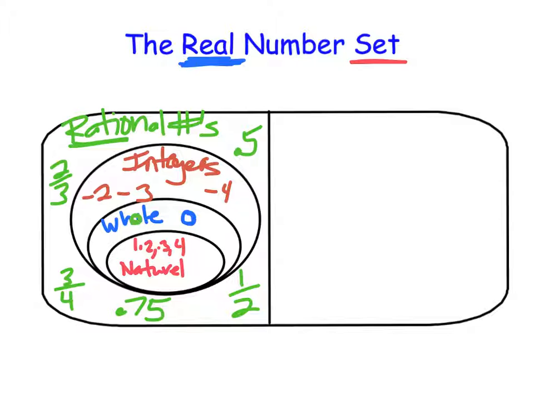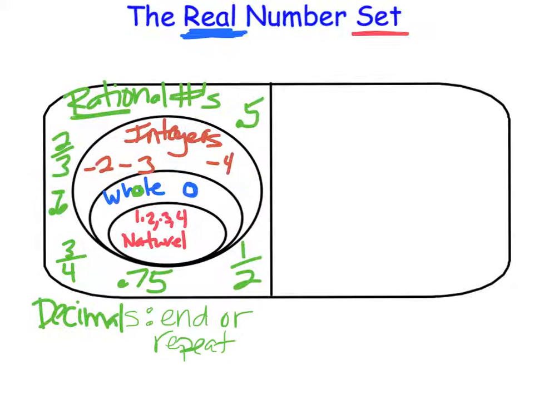So for example, 2/3, if you made that a decimal, it would be 0.6 repeating. And so to remember those rational sets in terms of decimals, you can say the decimals end or repeat. And that's an important concept to help you remember.